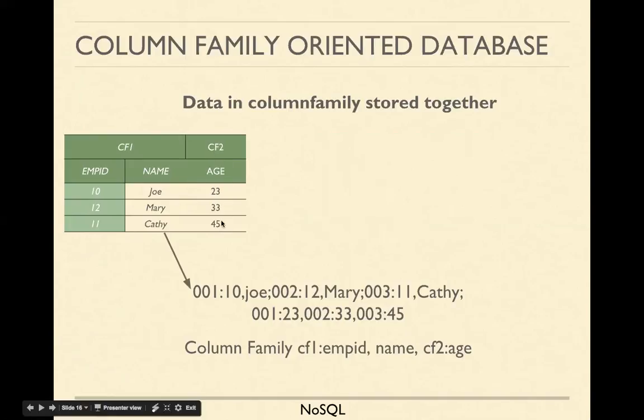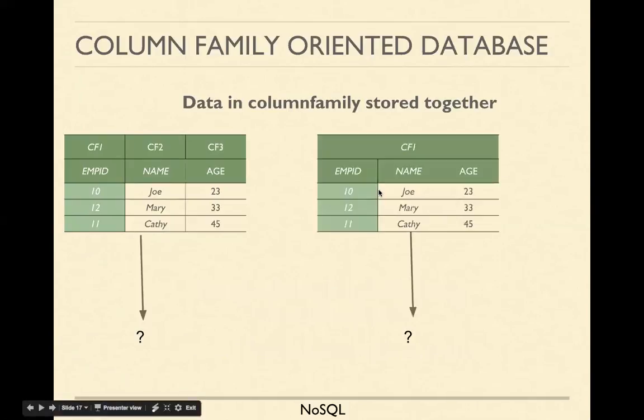If there were more columns in the column family, it would look like this. I think this diagram makes it very clear. If there is only one column per column family, it will behave like a typical column oriented storage. If all the columns lie in a single column family, it will behave like a typical row oriented storage.